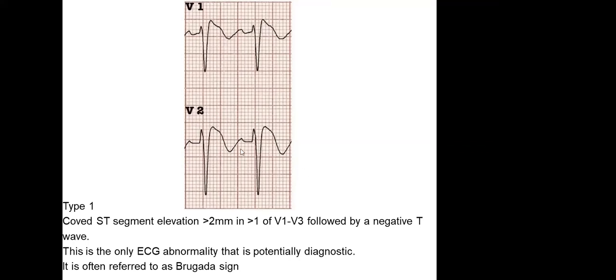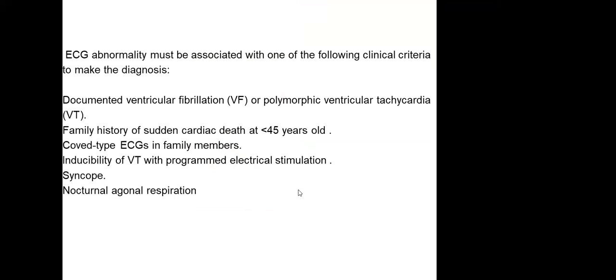This is the typical finding of the Brugada sign, which if noticed by anyone at any age, this patient will need an intracardiac device for taking care of his arrhythmia. These are usually associated with the following clinical criteria to make the diagnosis of Brugada syndrome. That is, there is documented ventricular fibrillation or polymorphic VT.